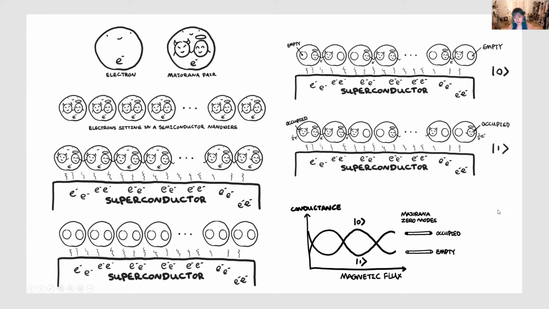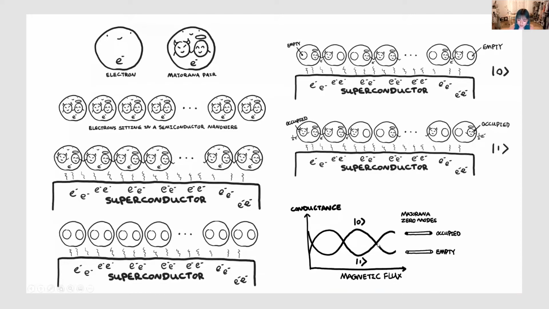And you can even measure which state your system is in using a global parameter like conductance. So you can say that the measured conductance is in the one state when these two end states, which are called the zero modes I mentioned earlier, are occupied. Or when they're empty, you could be in the other state.